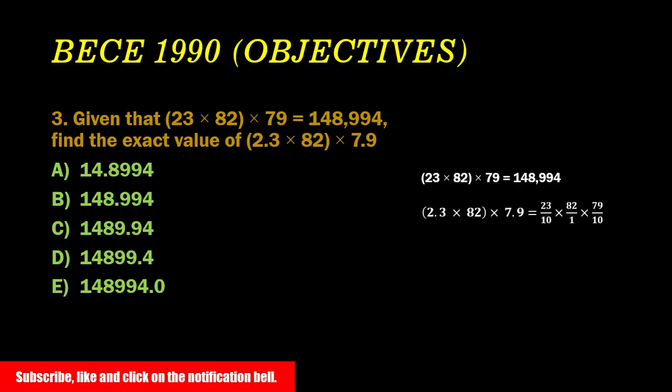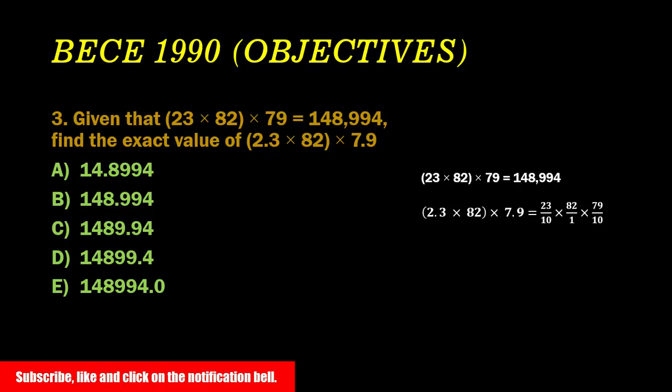Now, 2.3 times 82 in bracket times 7.9 can be simply written as 23 over 10, that is for the 2.3, times 82 over 1. Of course, you know that any whole number can be written with a denominator of 1, times 79 over 10, which is also the vulgar fractional representation of 7.9.